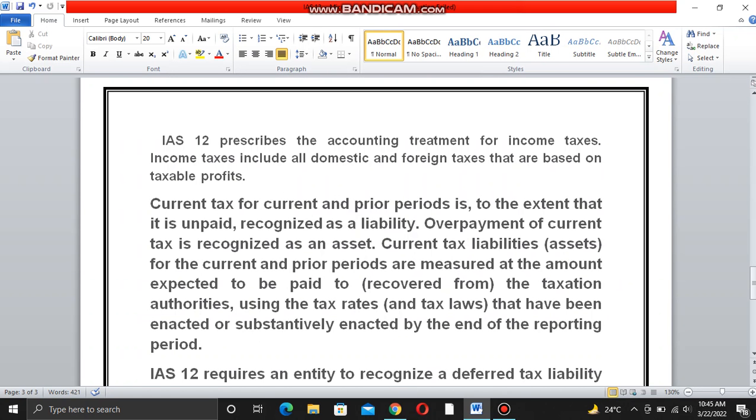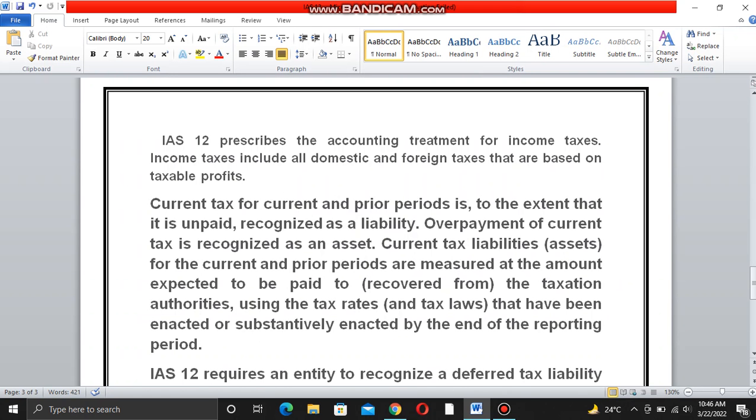For example, if your dividend is 0.1 million, which equals 1 lakh, they deduct 15,000, which is 15% of the 1 lakh, and if your dividend is 1 million, they would deduct 150,000 from your dividend. So this is domestic tax.